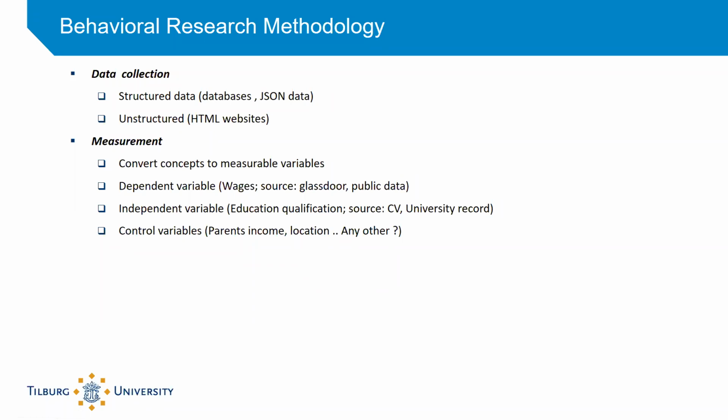A certain location might have greater access to universities and might have better universities than other locations as well. So they could also influence your wages without the relationship existing. So you need to identify all the confounding factors and try to control for them or keep them constant.